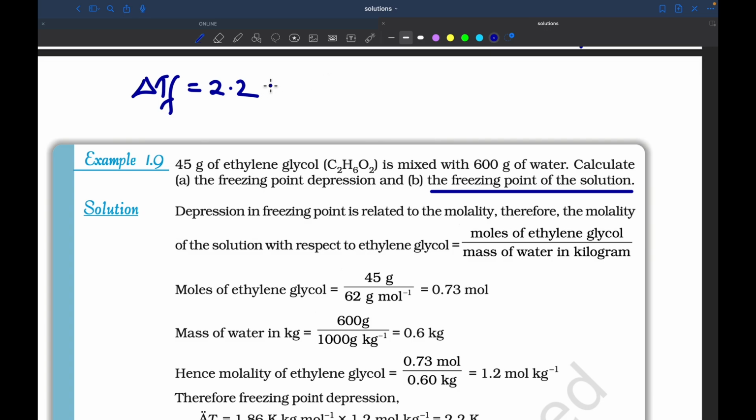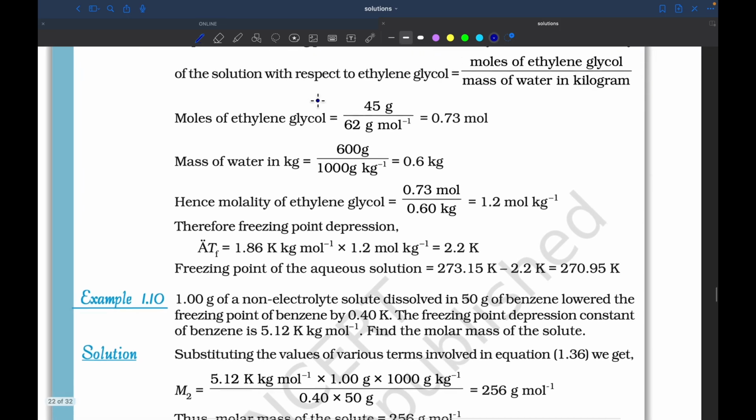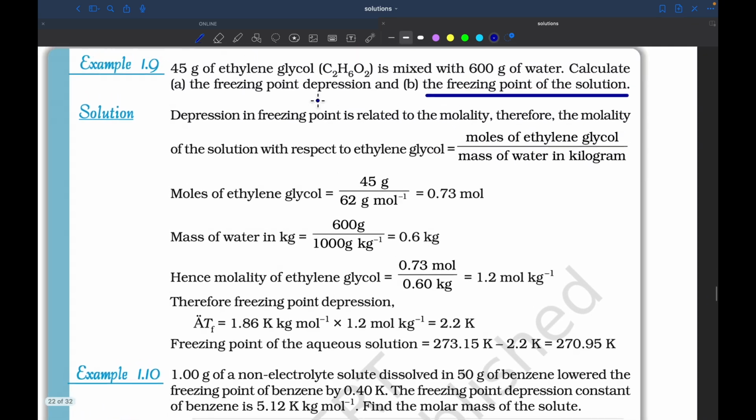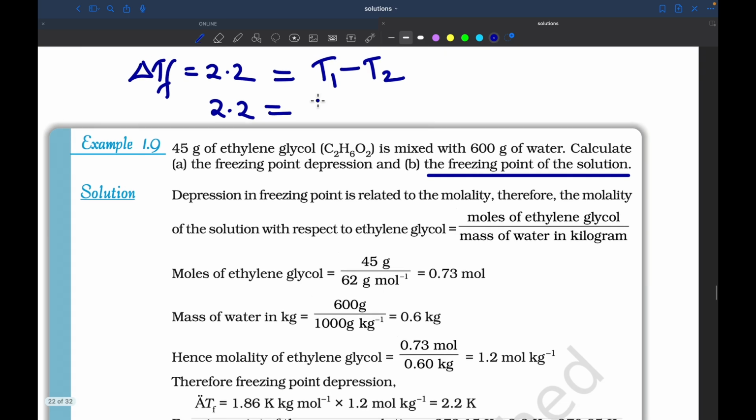So 2.2 is the difference of temperatures, T1 minus T2. T1 is always 0 degree Celsius, which can be written as 273 Kelvin. So 2.2 equals 273 Kelvin minus T2.